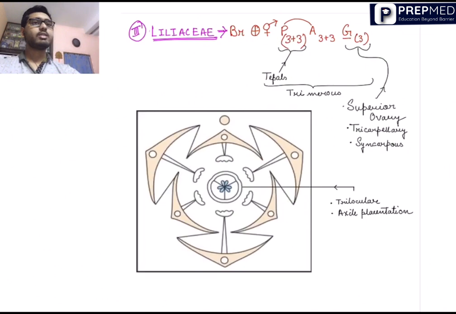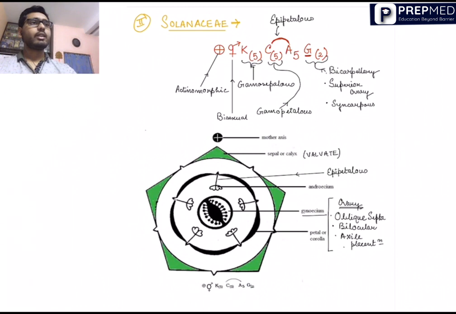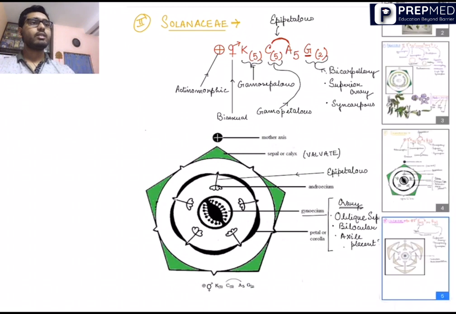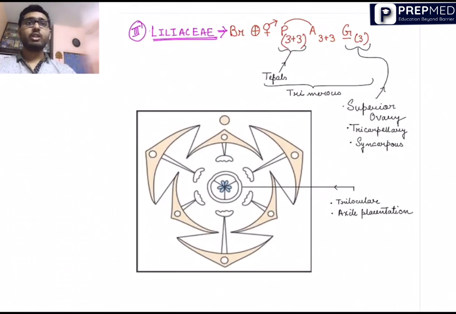So let's come to the last one, Liliaceae. It's bracteate. As you have guessed, it's again actinomorphic, just like the previous one. It's bisexual as it's common for all three of them. The tepals are arranged in 3+3 order, all are multiples of 3.